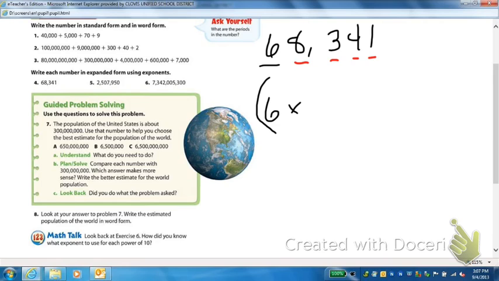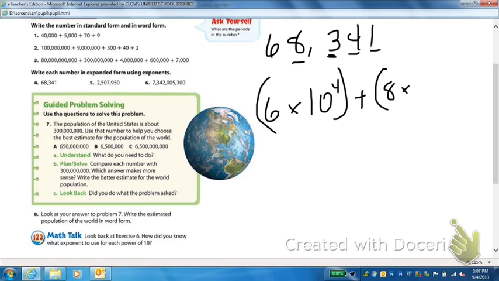So that tells me this is going to be 6 times 10 to the 4th power. Plus, look at my 8. And to the right I have 3 digits. 3, 4, 1. So that tells me I'm going to have 8 times 10 to the 3rd power.